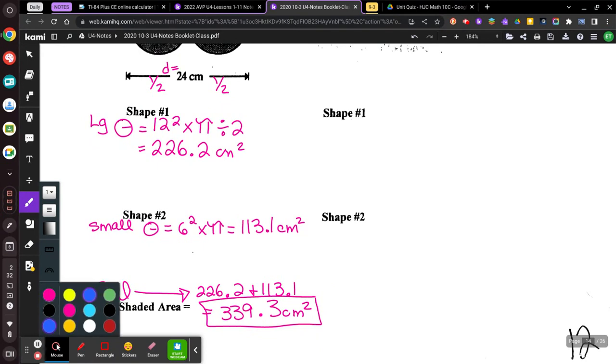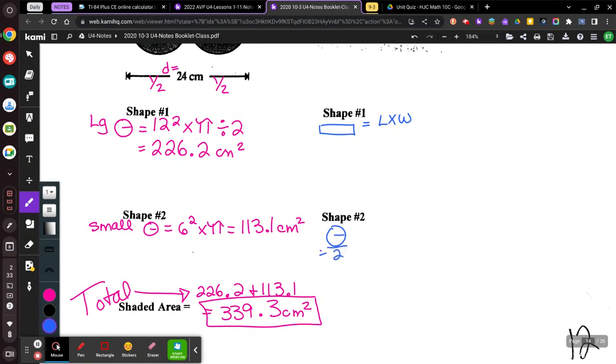Okay, so shape 1 is a rectangle. We need length times width. Shape 2 is a circle divided by 2. It's a half circle. So the first one, the length we know is 9. We don't know the width yet, but if I do my circle, we'll figure out the width. So let's take a look at our circle. We need to go r squared times pi and divide it by 2 because it's only a half circle.